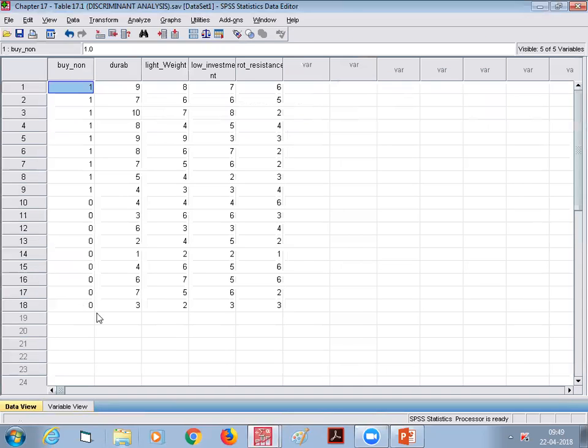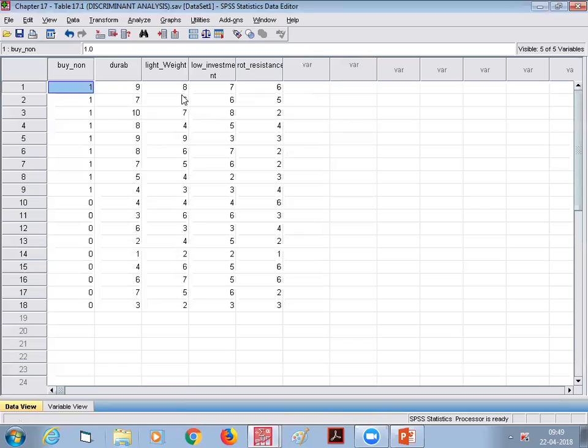Totally 18 observations are there. 0 means non-buyer, and these are the buyers. What is their opinion about durability? This data is taken on a 10-point scale, not 5. Sorry, I think I explained it as 5 at that time. What is the importance of durability for the first person? 9 out of 10, 90% is important.